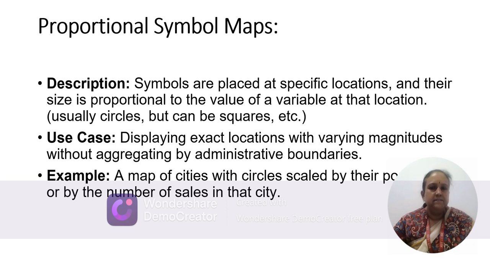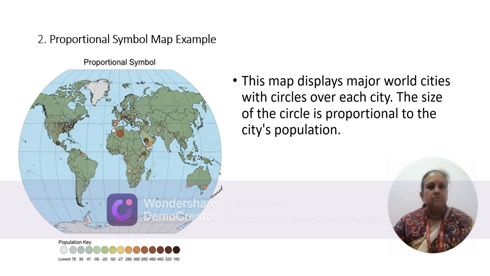For example, a map of cities with circles scaled by their population or number of sales in that particular city. In this proportional symbol map, it is represented with circles of different sizes. This map displays major world cities with circles over each city proportional to the city's population, labeled with the population.